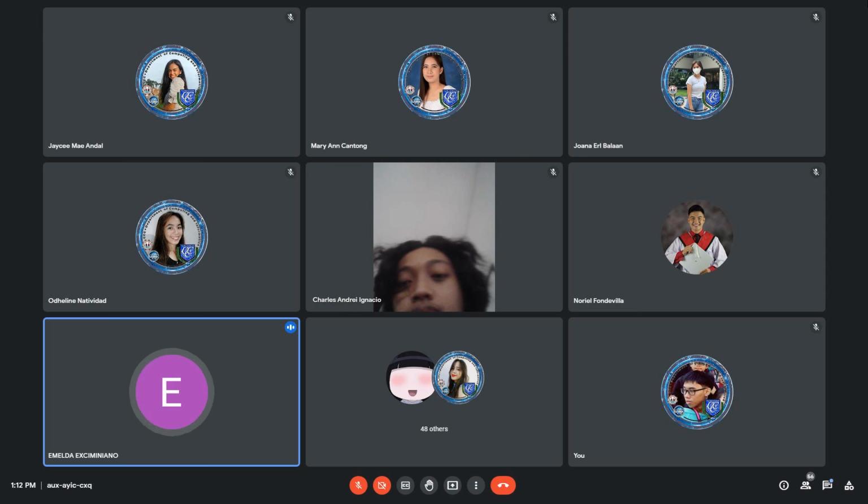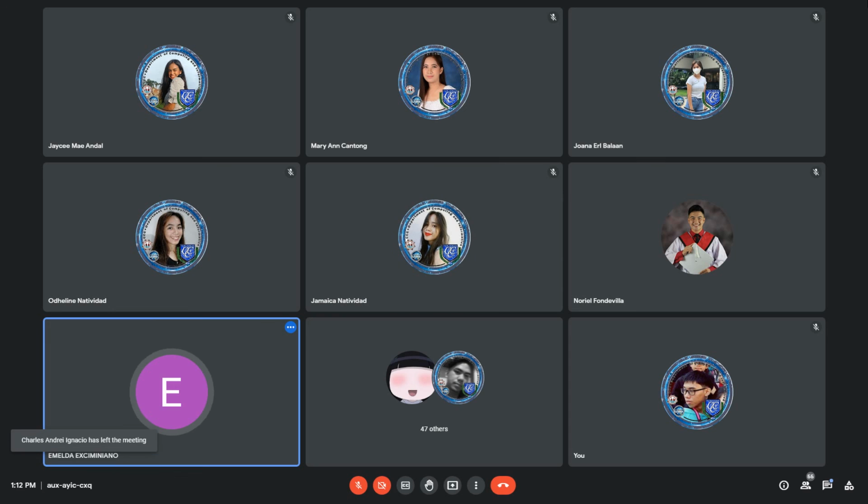Okay. So, we still have one more synchronous meeting before your Christmas break. Naku, nagkakaproblema ako sa some of the symbols here, yung mga equations were not properly displayed in the document.